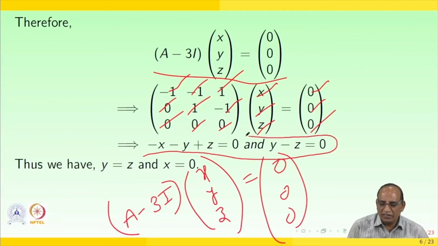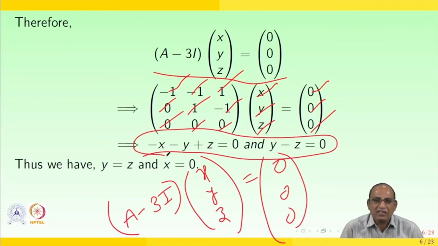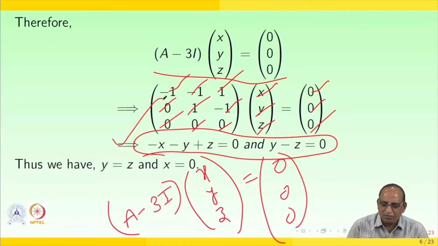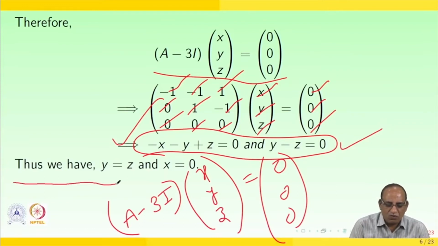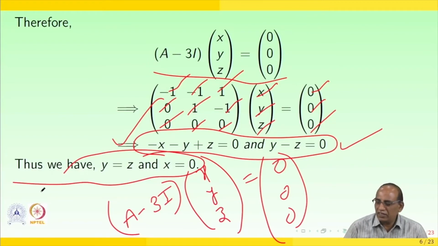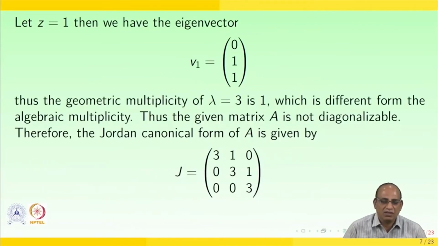Minus x minus y plus z is 0. y minus z is 0. Thus we have y is equal to z and x is equal to 0. So this is the relation which we get.